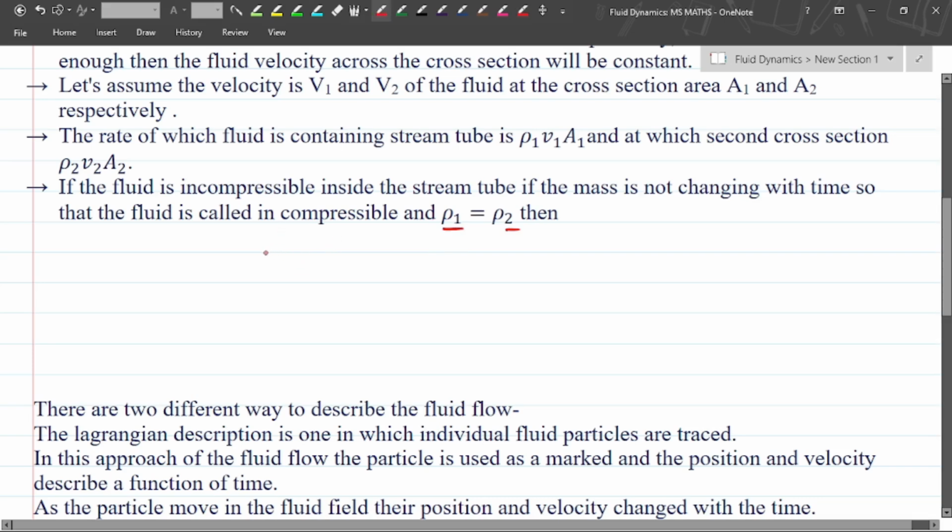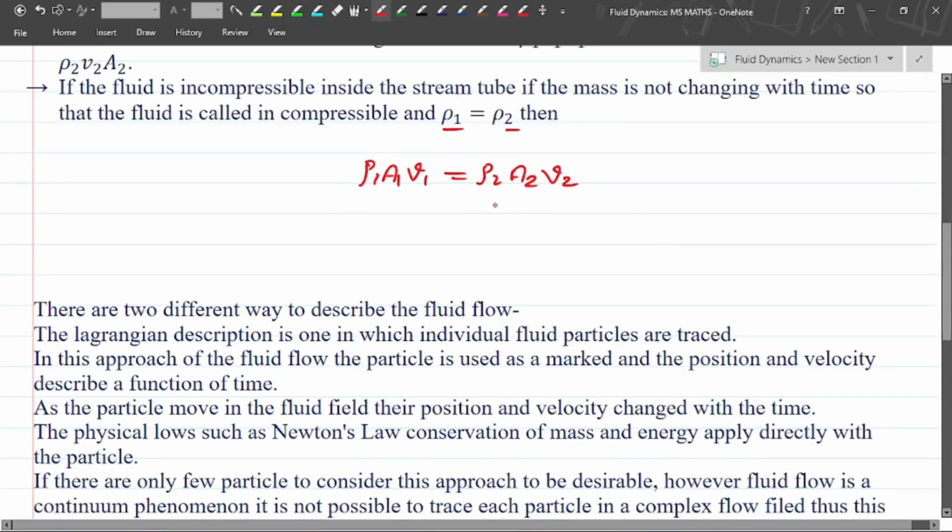Now I can say that rho 1 A1 v1 equals rho 2 A2 v2, because the rate through both the cross sections will be equal to each other. In this case, rho 1 equals rho 2, I say it is rho. So we can write A1 v1 equals A2 v2, and we can write v1 upon A2 equals v2 upon A2.